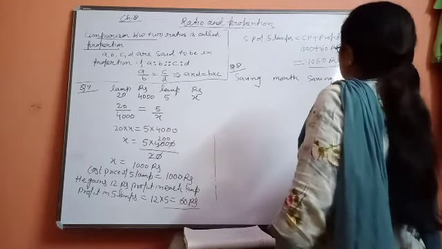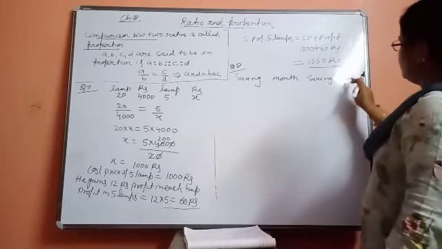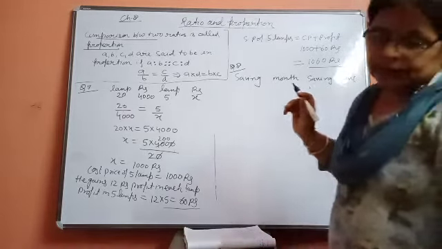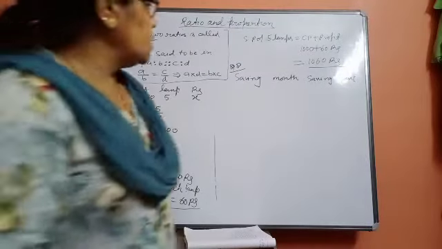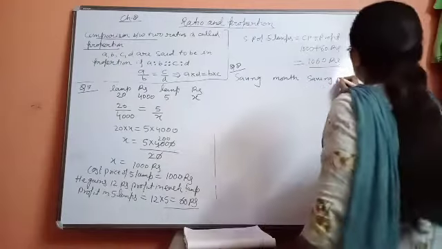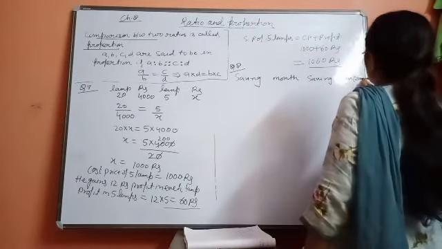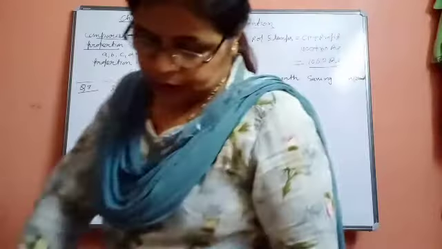And here year is given. So the years you will convert into months. How many years are given, beta? 2 years. 2 years means 12 times 2, 24 months. So what you will take here? 24 months.